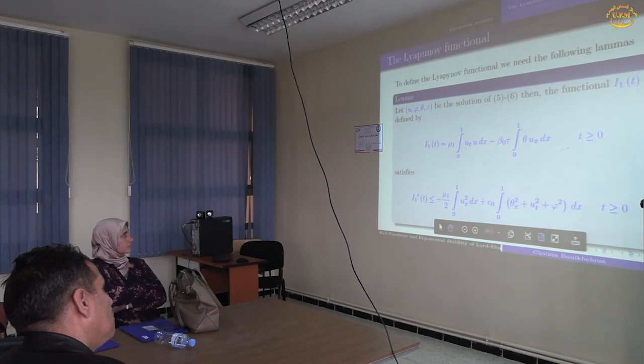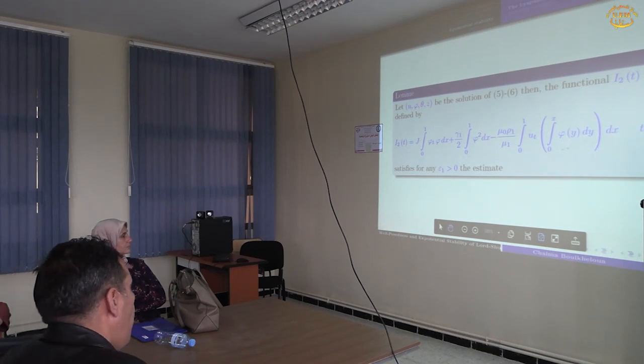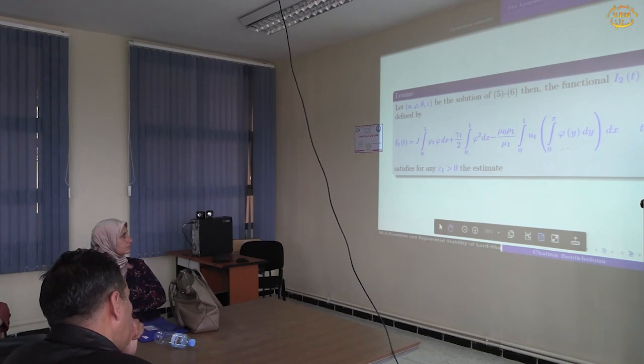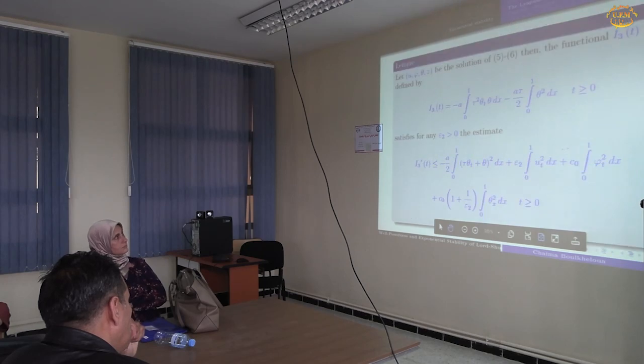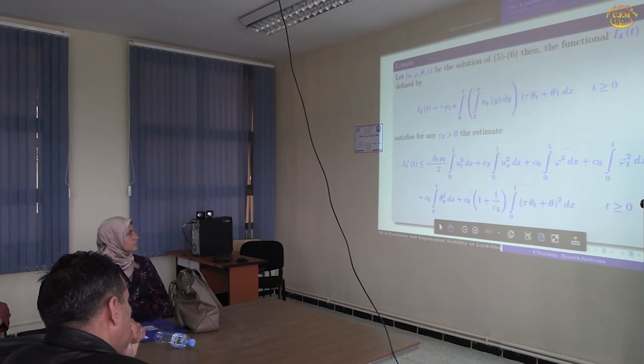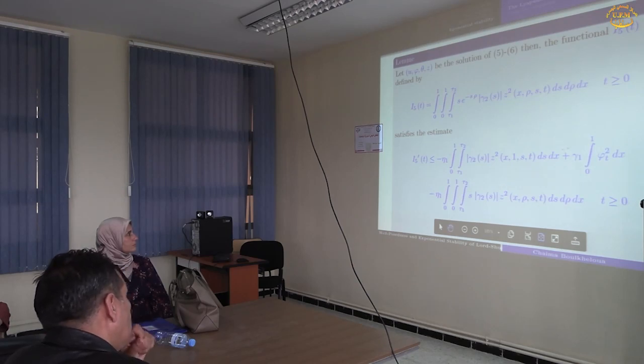We start with the function F1, defined by, which satisfies the estimate. Function F2 is defined by and satisfies, for any ε1 positive, the estimate. F3 is defined by and satisfies, for any ε2 positive, the estimate. F4 is defined by and satisfies the estimate. And finally, F5 is defined by and satisfies the estimate.